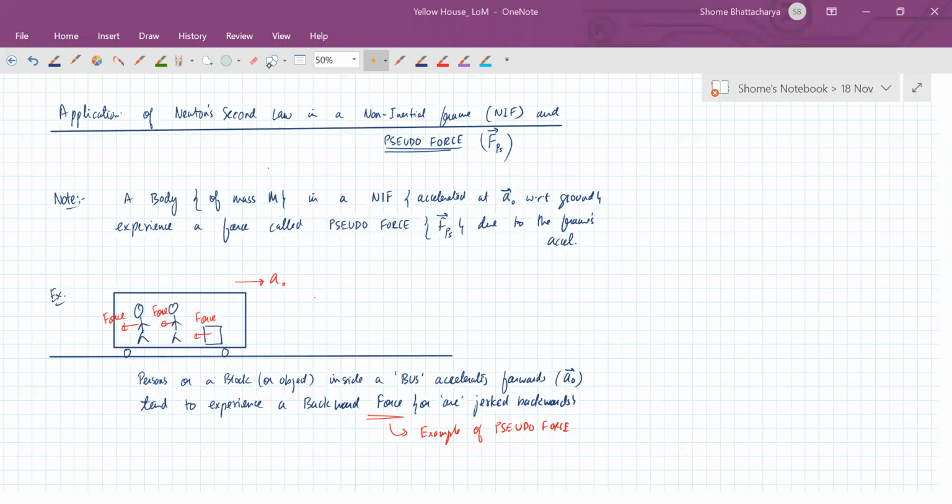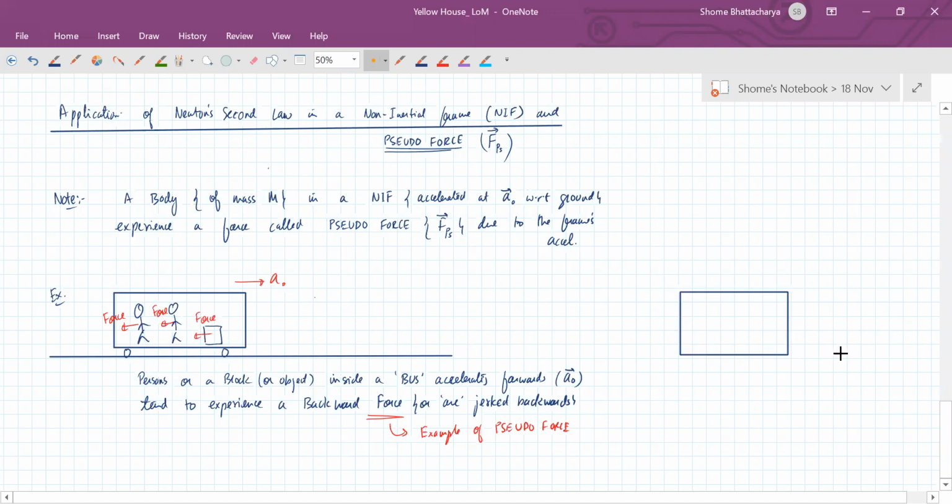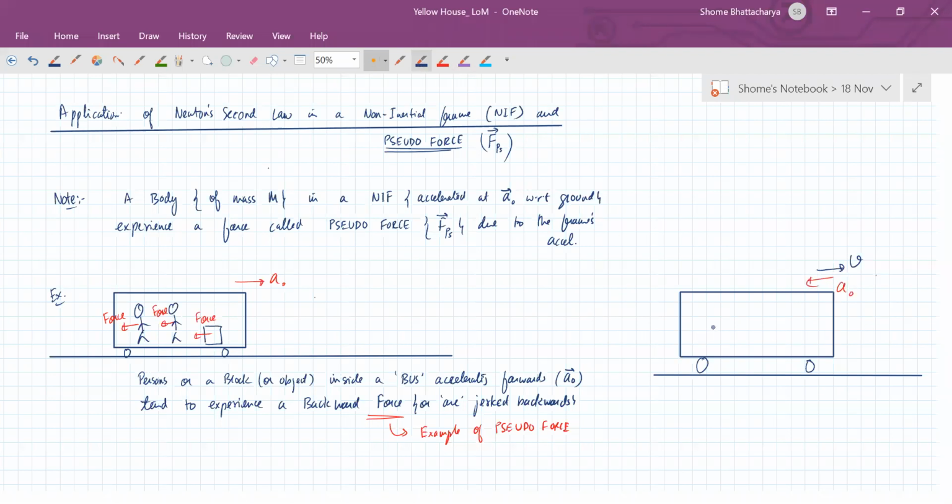Now similarly, if you are in a situation where this moving bus brakes sharply, it means it tends to decelerate. So the bus moving in this direction brakes. Then the people inside the bus will tend to be jerked forwards.